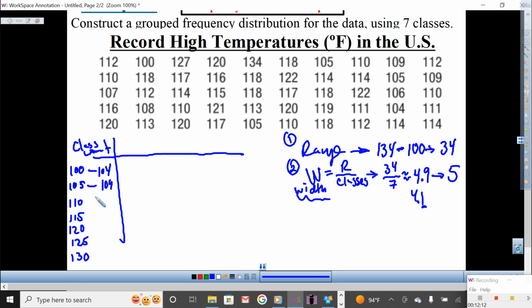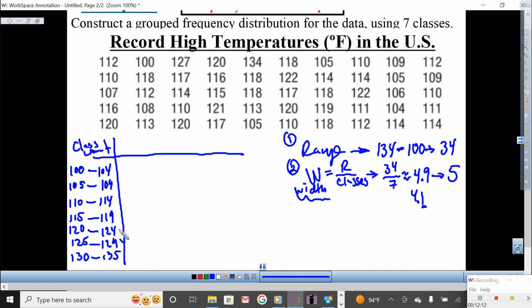And then 109, 114, 119, 124, 129, 135. We good? So we go from 100 to 104, 105 to 109, 110, so on and so forth.